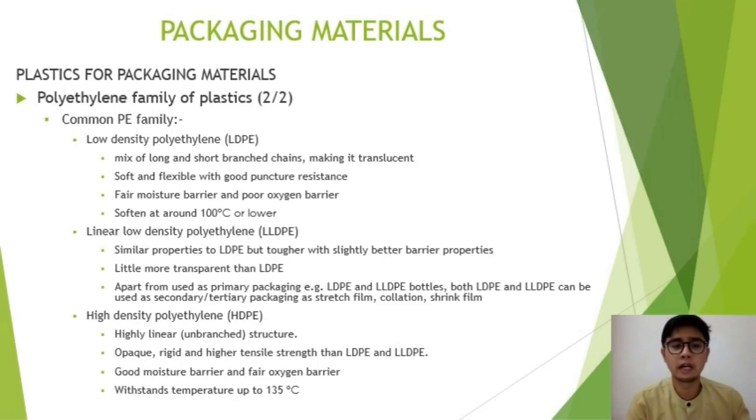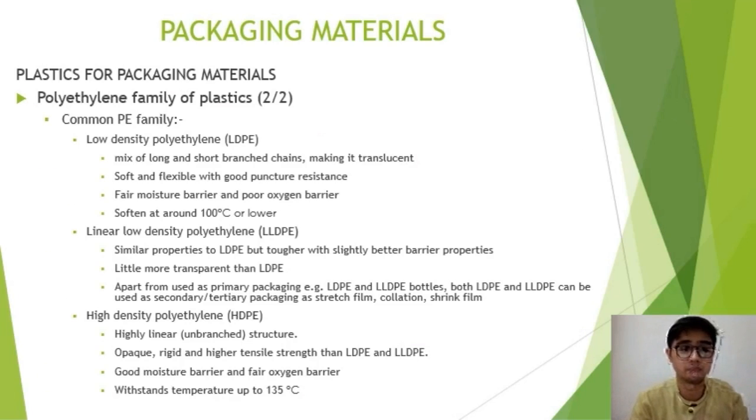So, unlike LDPE and LLDPE, HDPE can be used to package products that have moisture sensitive properties. HDPE also withstands a higher temperature than both families mentioned before, which is up to 135 degrees Celsius.